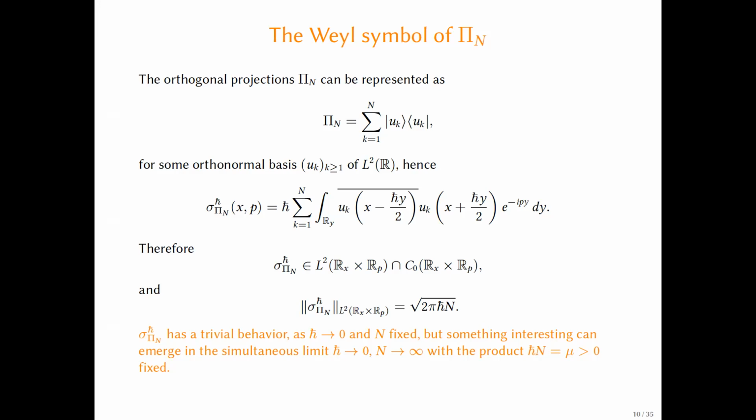That is equal exactly to the square root of 2 pi h bar times n. So of course, if we consider directly the limit h bar to 0, this is a trivial behavior because everything tends to 0. So something interesting can emerge when we send simultaneously h bar to 0 and n to infinity, keeping h bar times n fixed at a certain value. And this is exactly what I mean in my presentation by semi-classical.